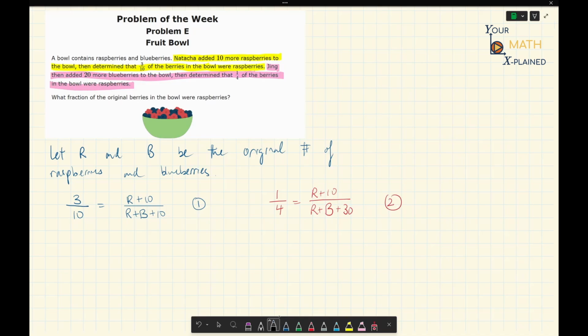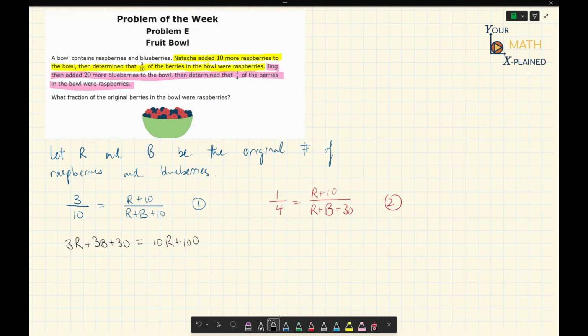In both instances, it's probably easier to process the equation without the fraction, so I'm going to cross multiply here, and then we'll try to simplify each equation. So I'll have 3R plus 3B plus 30 equals 10R plus 100.